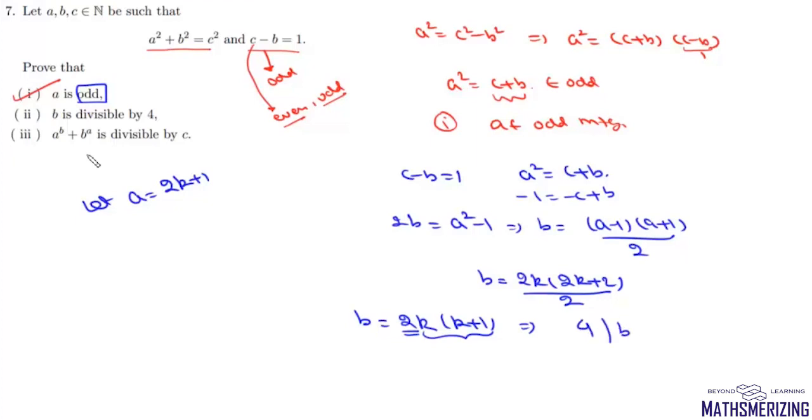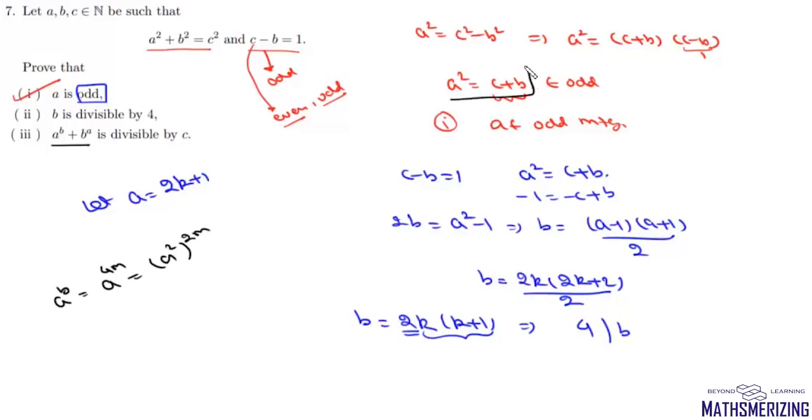Now we'll come to its third part, and that is we need to prove that a to the power b plus b to the power a is divisible by c. So let us take a to the power b. Now we have already shown that this b is a multiple of 4. Then we can write this b as some 4m, and we can write it as a square to the power 2m.